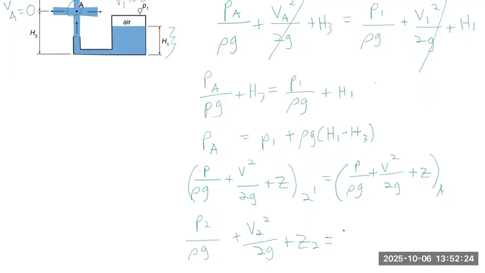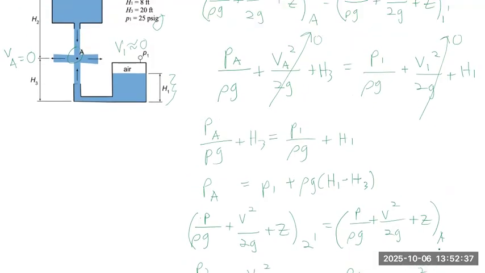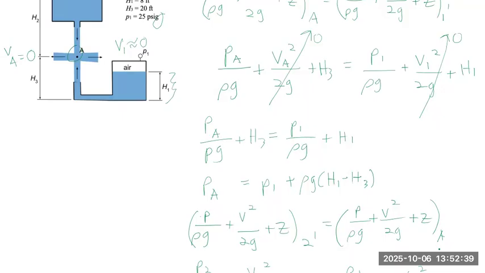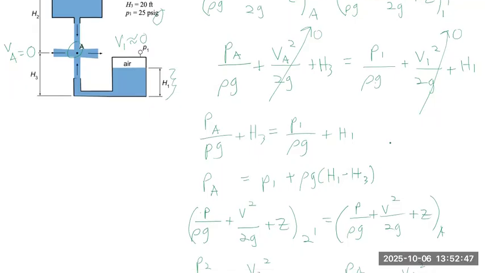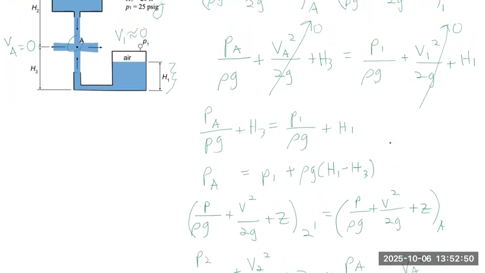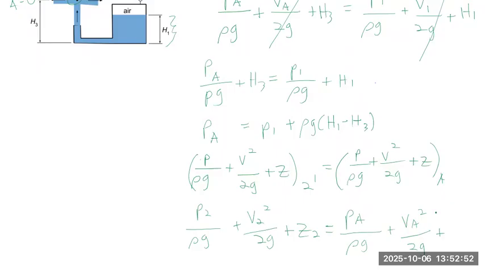And we set this equal to PA again over rho G plus VA squared over 2G plus Z. Actually, Z2 is equal to H3 plus H2, and ZA is going to be equal to H3.